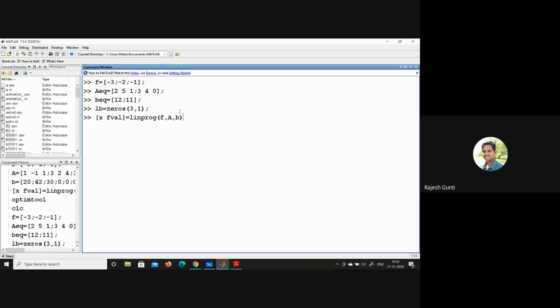We have to call the standard one, I am taking this one. What other things are there? Entire thing, this is null. Another, inequalities are not there.